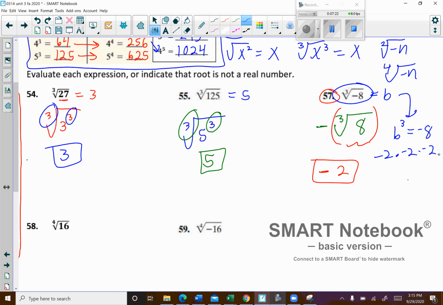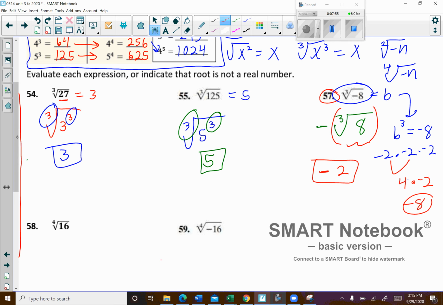A negative times a negative is +4, and then you multiply by -2 again, and that turns it into -8, so that's how you can check it if you like. And as we get on to the next slide, some of these are going to be a little more complicated than this particular example. So the best thing to do is get that negative outside so you can focus on what's going on inside, okay?